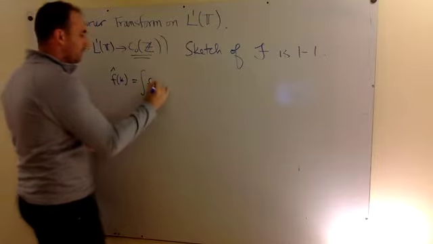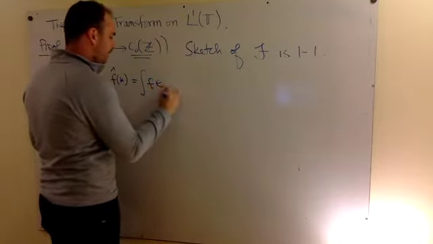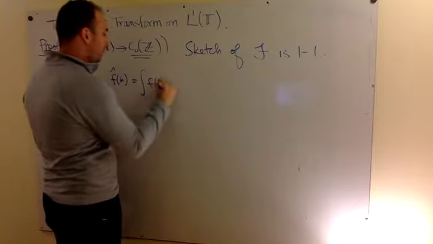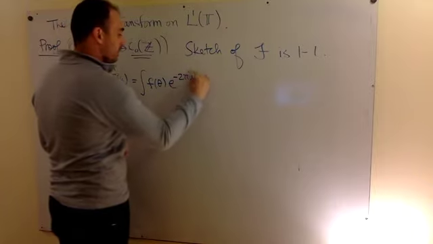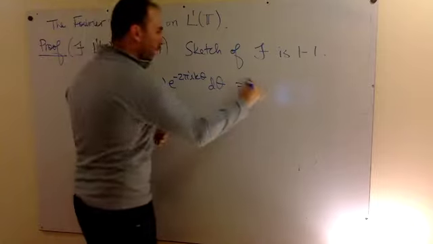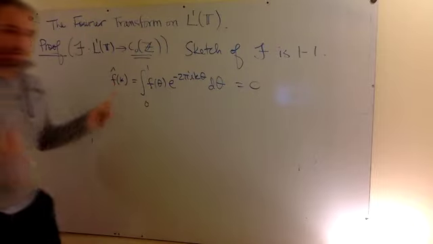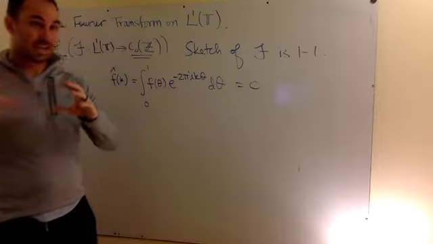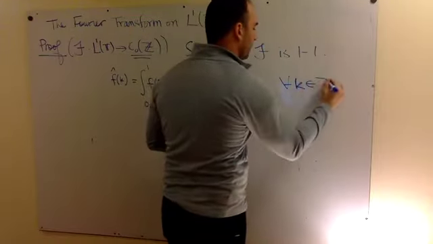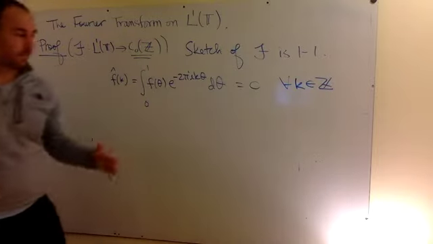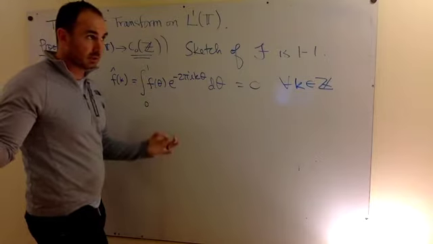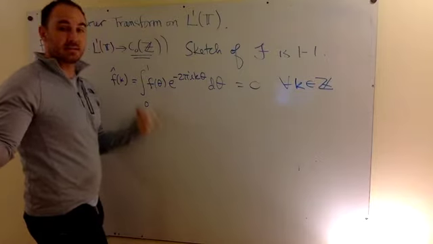if all of my Fourier coefficients are 0, in other words, I take an L1 function and the Fourier transform maps it onto the 0 sequence, so this is for all k, then I want to infer that actually my function f in L1 is 0.